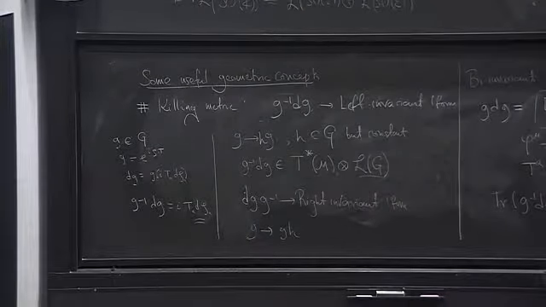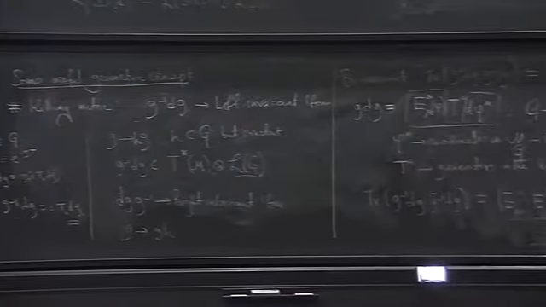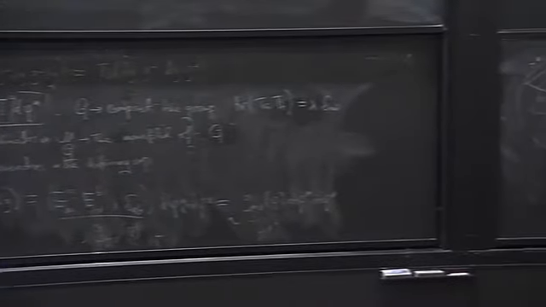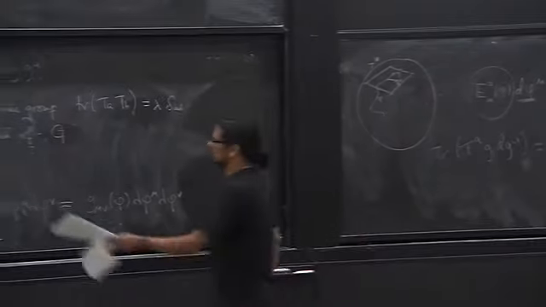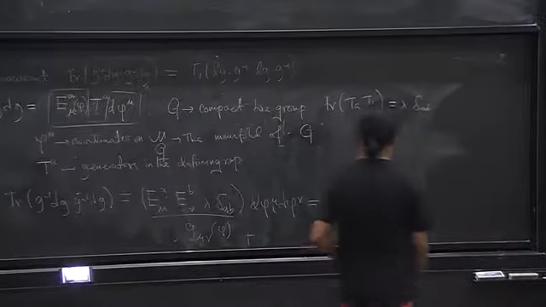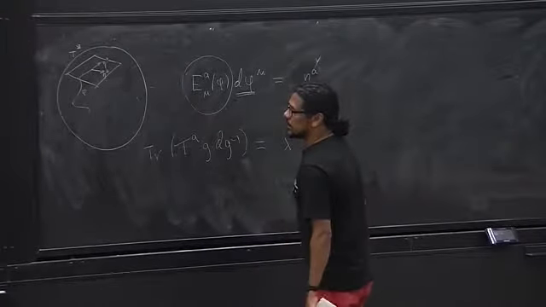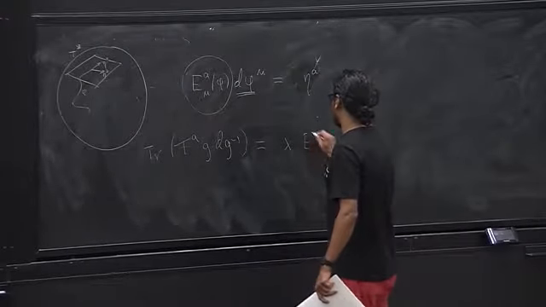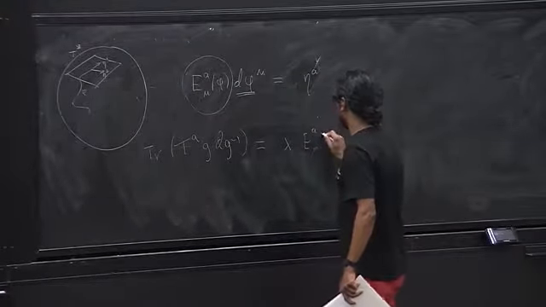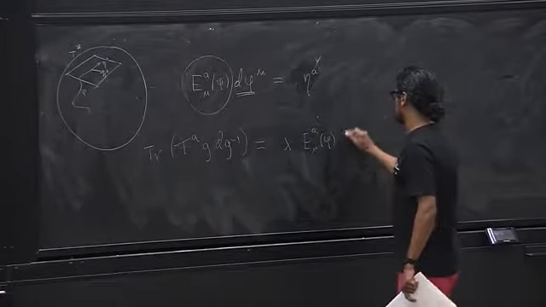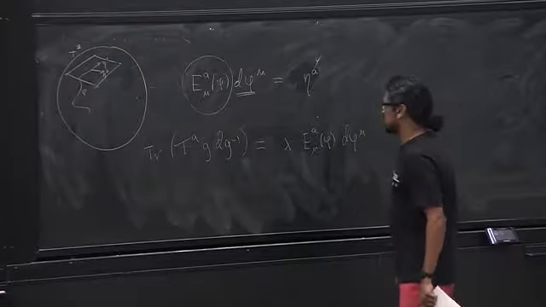If I now say, okay, I'm taking T of A and saying dg inverse dg, and I take the trace of this thing, then I'll get a delta from here, and so I will get some lambda times e of mu of A of phi, and then I would get d phi mu.